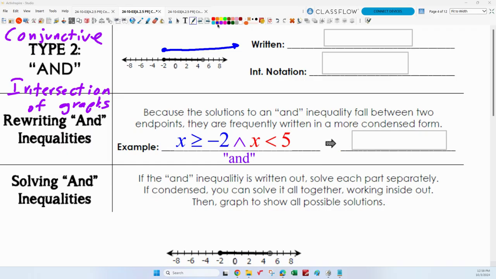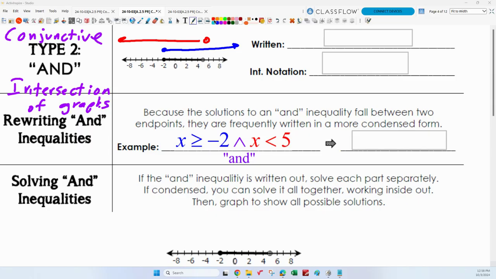Agreed? Okay, the red one would be an open endpoint at 5, and we're going to graph to the left forever. But and inequalities are where both of the things are true.